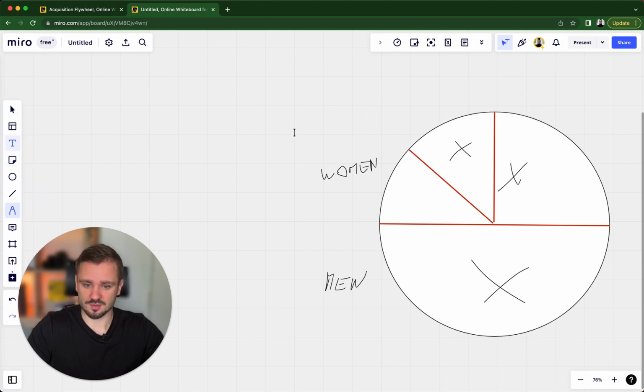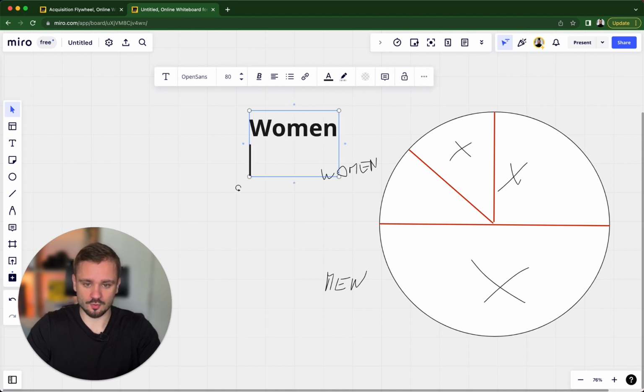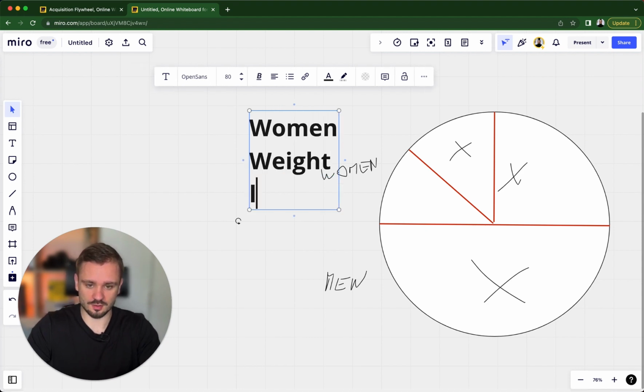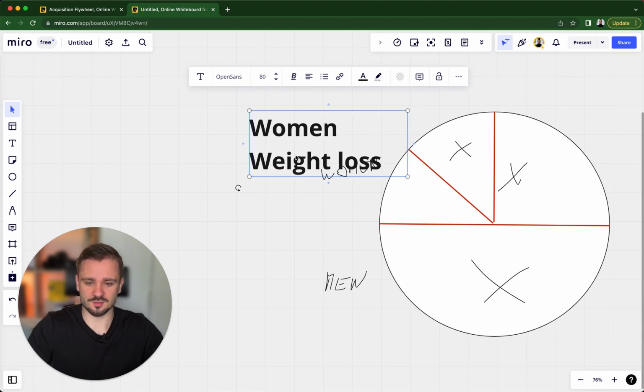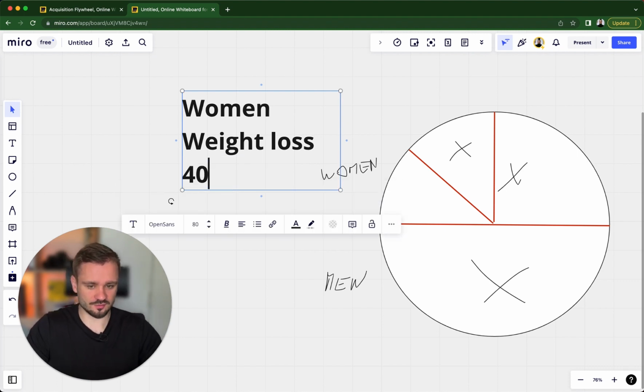Let's just make some notes right here. So you want to work with women who want weight loss, not someone who focuses on building fitness to become a fitness influencer themselves. So you want women who want weight loss and are 40 to 60 years old.